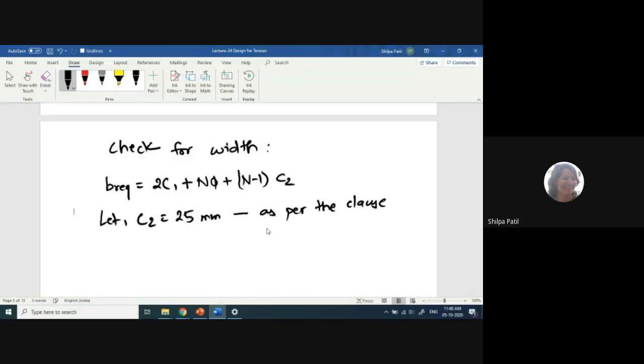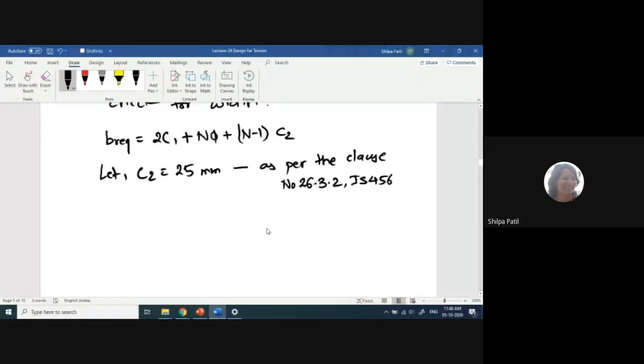I don't have the code kept open here. Can you tell me the clause number? 26.3.2. Okay. Actually it should not be less than the greatest. Fine, so it is 25 mm. So we have adopted 25.